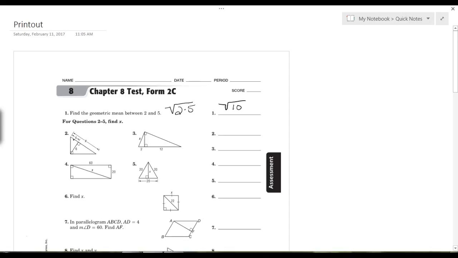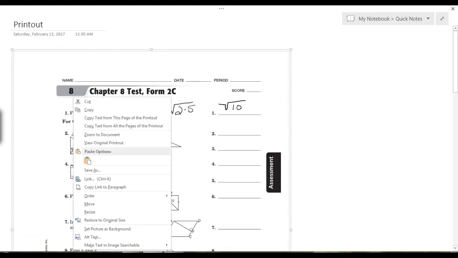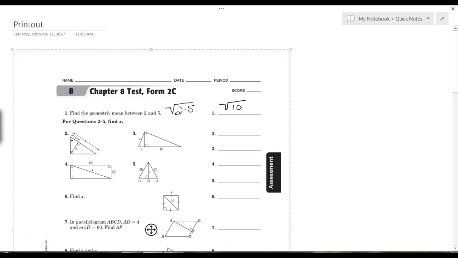Our next question, we are going to use similar triangles because we have a large triangle and a small triangle which happen to share some sides. So I'm going to label this side y because this side happens to be in our smallest triangle and our largest triangle.